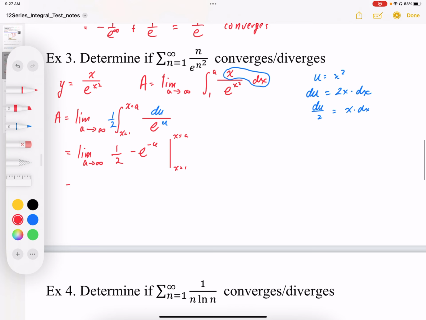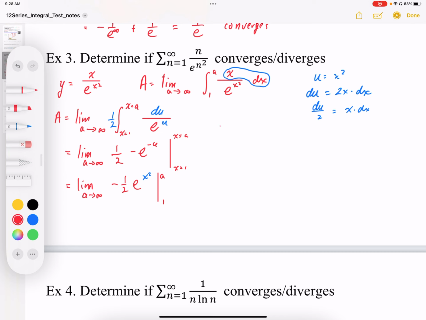We're going to substitute back for the u, so the limit as a approaches infinity of negative 1/2 e to the negative x squared, and then we can do our bounds as 1 to a, because we're back to x's in this case.